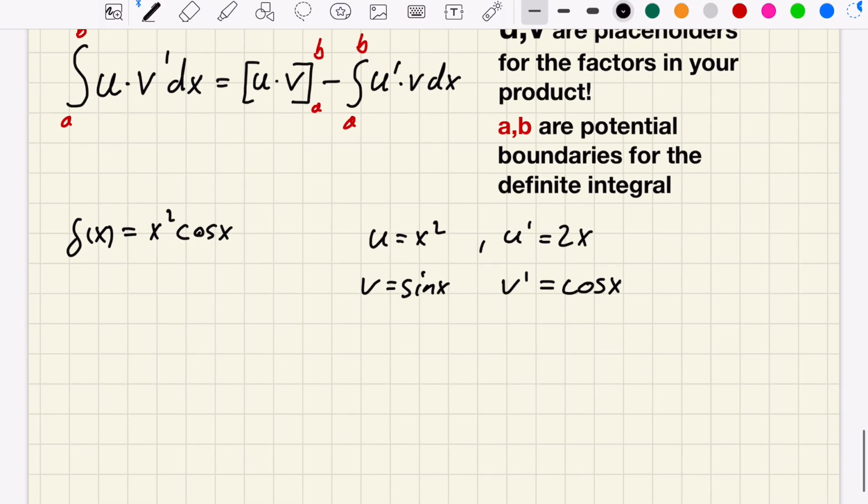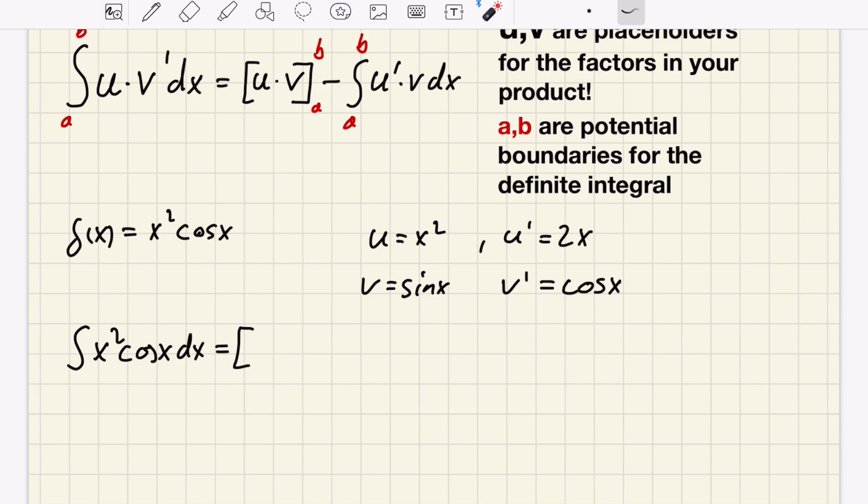All right, and now we just start by writing out the integral of x squared cosine x dx is equal to, we put in u is x squared, v is sine x. Put that there.